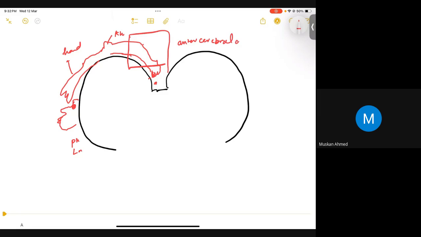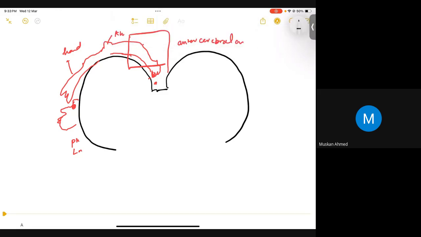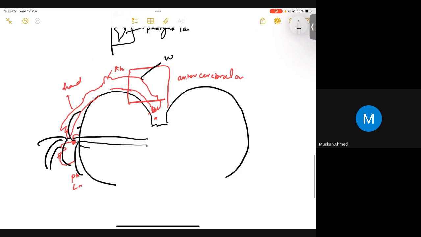I'll be discussing it in blood supply, don't worry about that. And this area is basically supplied by the middle cerebral artery, which comes in the lateral sulcus and supplies these areas.